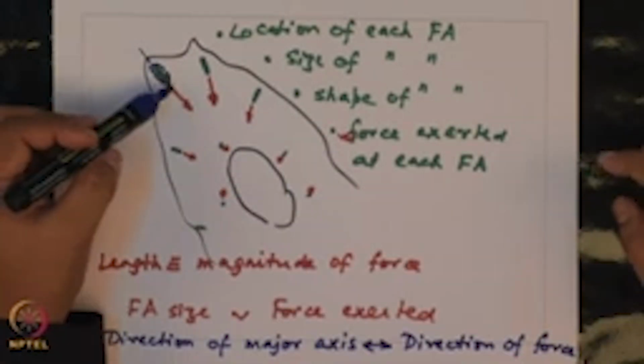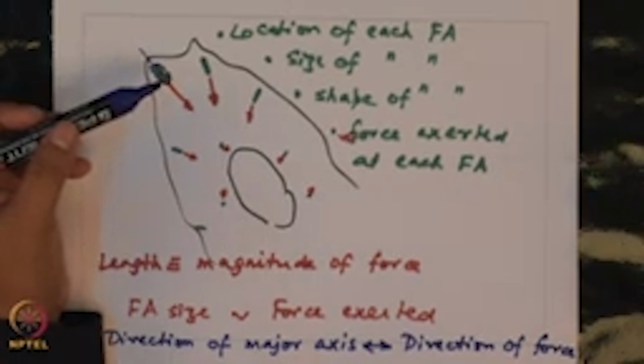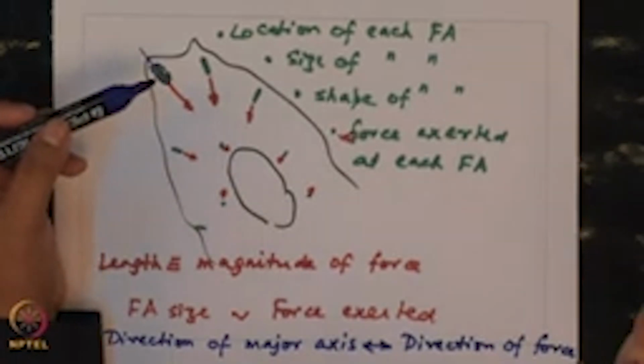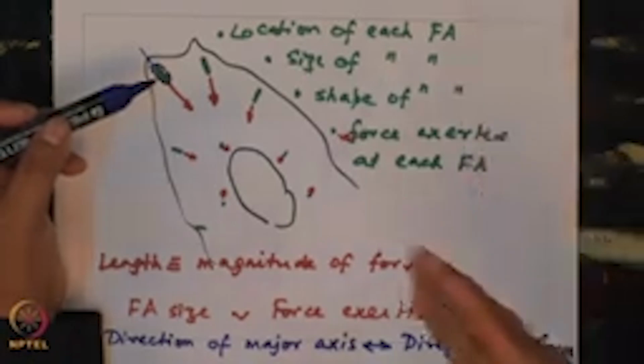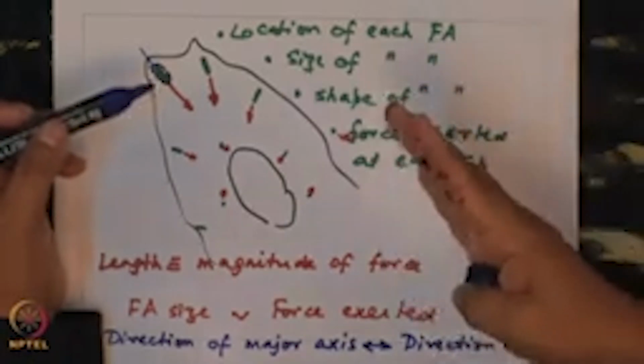So, two things: the bigger the focal adhesion, the larger the force. The long axis of the focal adhesion coincides with the direction in which the force has been exerted.